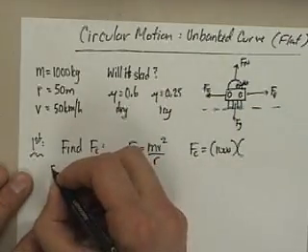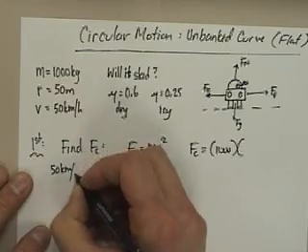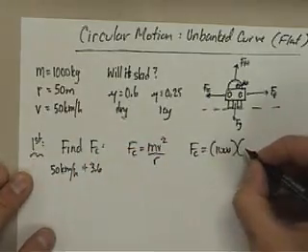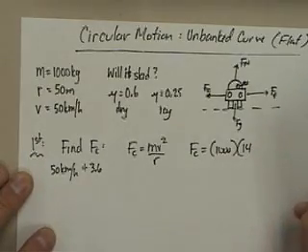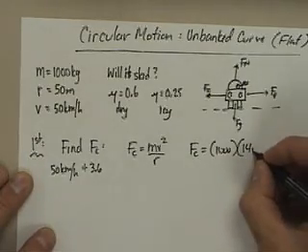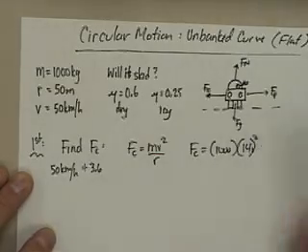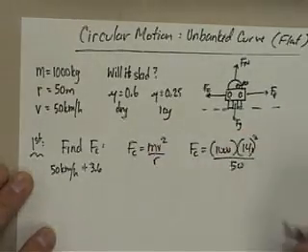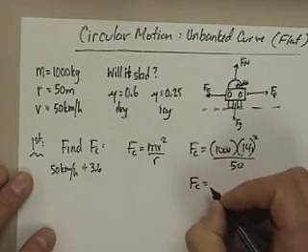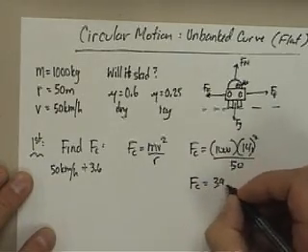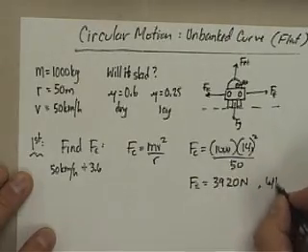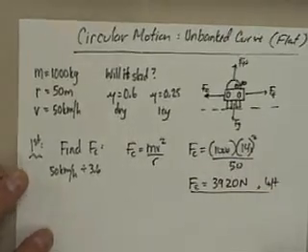I'll do that right here. 50 kilometers an hour divided by 3.6. That's going to give me 14 meters per second. So 14 squared, and my radius is 50 meters. There. So my FC is 3,920 newtons. And I guess, since in my picture it's to the left, I'll say it's left here.